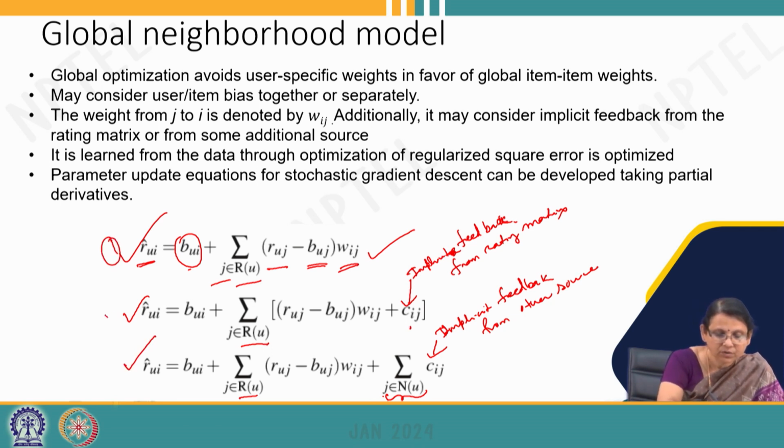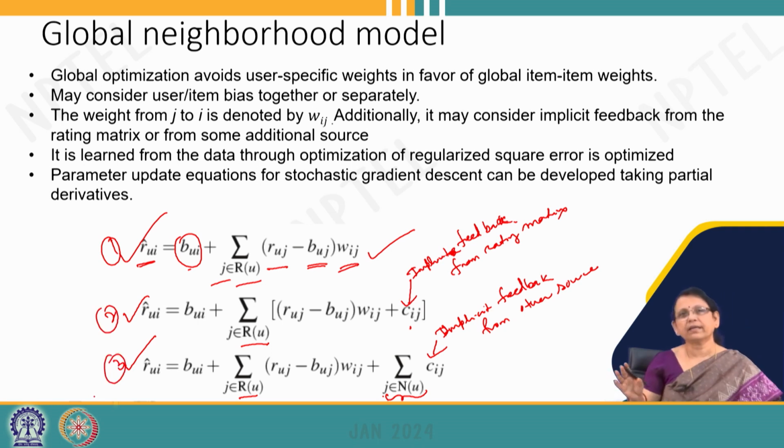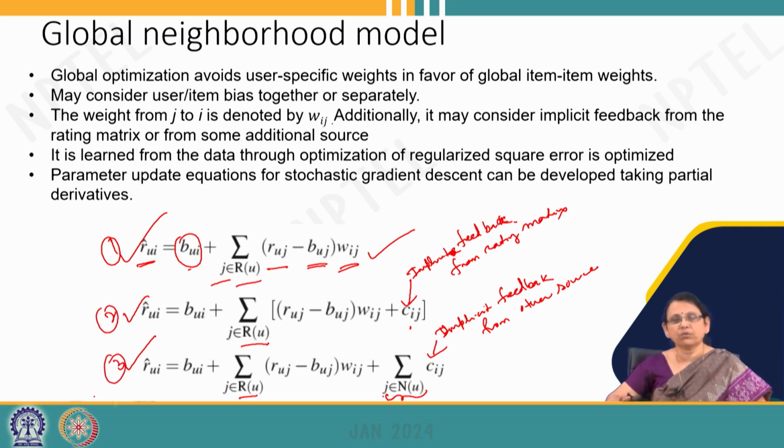So, this is the first model, this is second model, this is third model. In fact, you can make any model of your choice, but this can always help you in guiding what was the best practice followed ever.